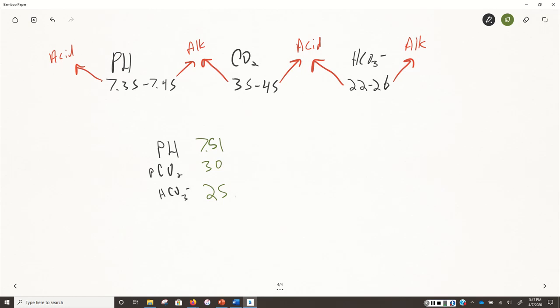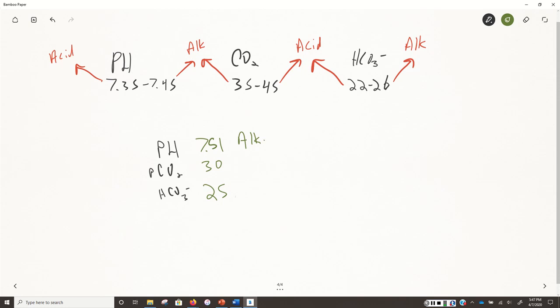The first thing after we've drawn our chart is to just look at the pH. Ignore everything else and just look at the pH, which is 7.51, and we go up to our chart. Where here does 7.51 fall? Well, it falls above 7.45, so follow our arrow, and that tells us this is alkaline.